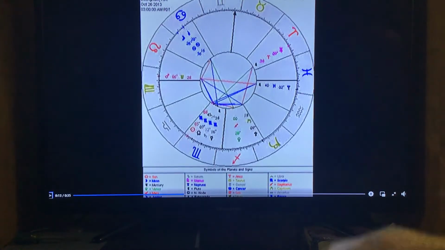Or like when you throw a rock into a pond or a lake or something, you see the splash. The splash is the conjunction, and then you get all the ripple effects from the stone that was thrown in. Either way, that's just a quick little tidbit that will help you with applying and separating aspects.